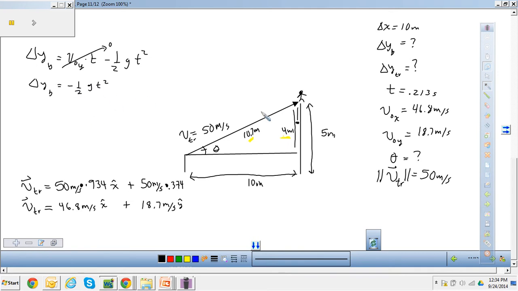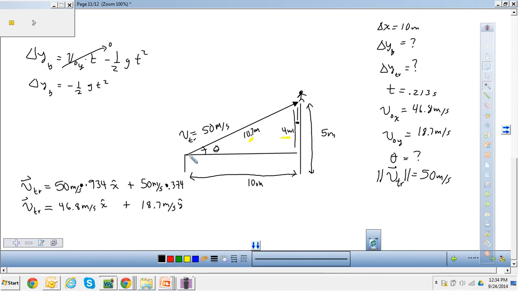Now here's the trick. Is this displacement going to be positive or negative? Positive or negative? It'll be negative. And that makes sense because the banana is dropping down.